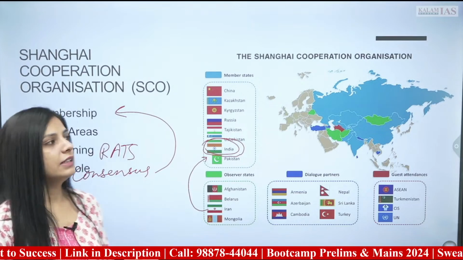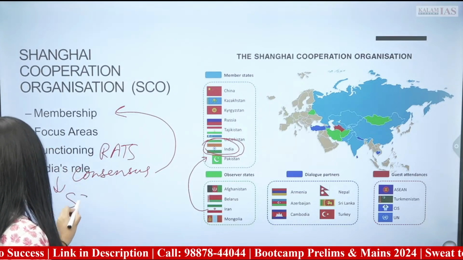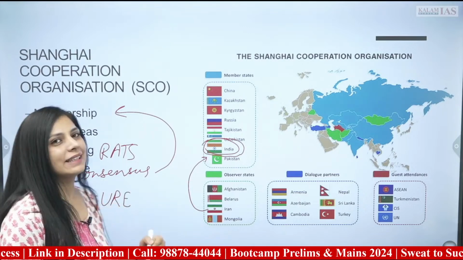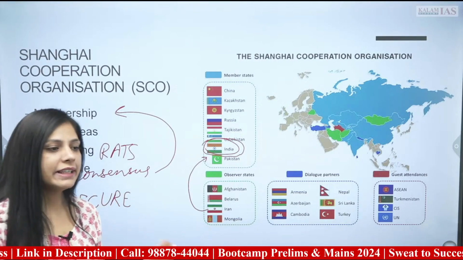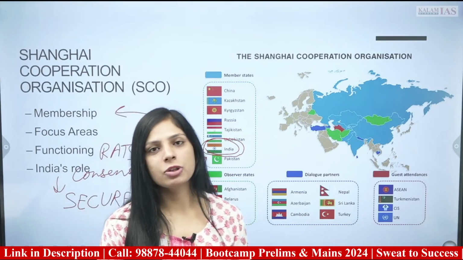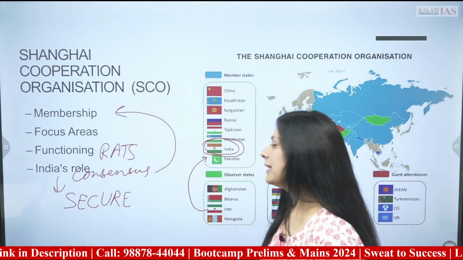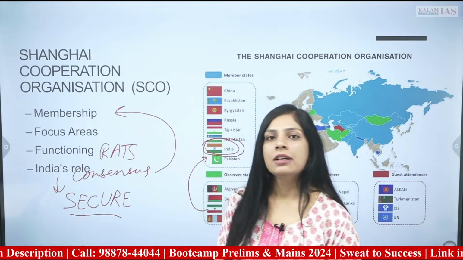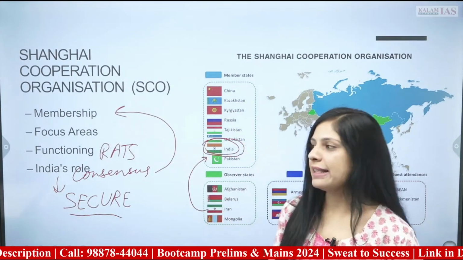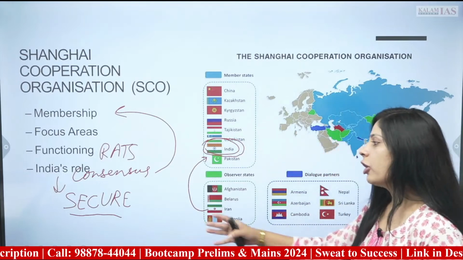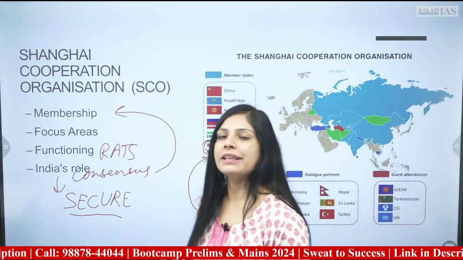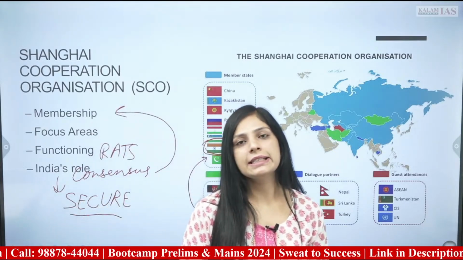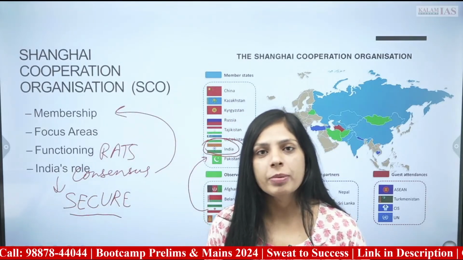India gave this acronym SECURE in the Qingdao Summit, and the theme for 2023 presidentship is also towards a secure SCO. Now this highlights India's importance to the various areas, as SECURE stands for security, economic development, connectivity, unity, regional sovereignty and integrity, and environment cooperation.